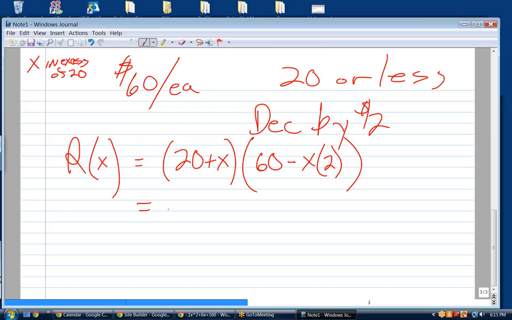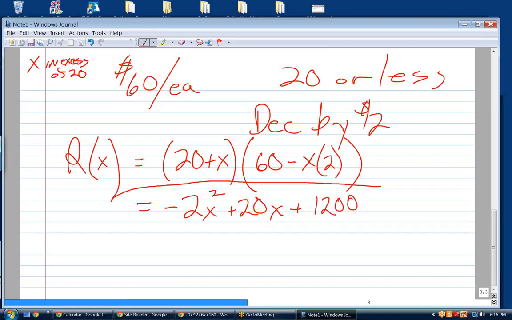So minus 2X squared, plus 20X, plus 1,200. Sorry, 2 times 6 is 12, and then we have 2 zeros. Yeah. So put that into your calculator and find the coordinates for the maximum.